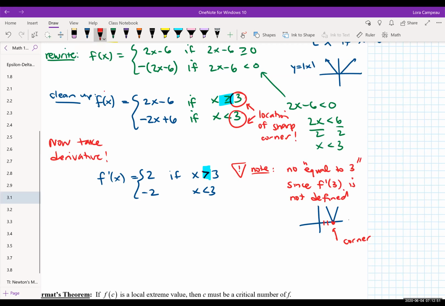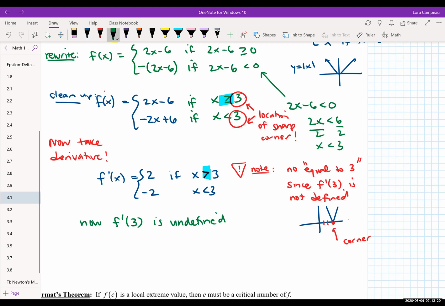So if we know that we can't set our derivative equal to 0, because the derivative in each case was never equal to 0, there's this undefined issue, okay? So we have a feeling that f prime of 3 is undefined, for sure, because of this reasoning.